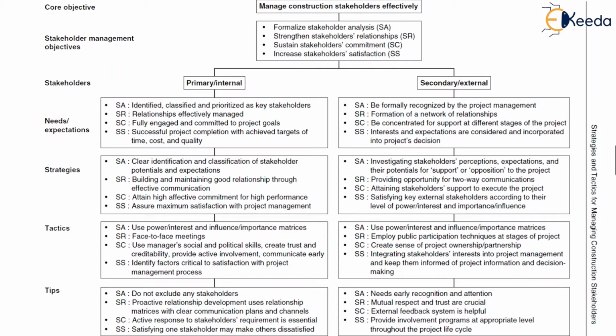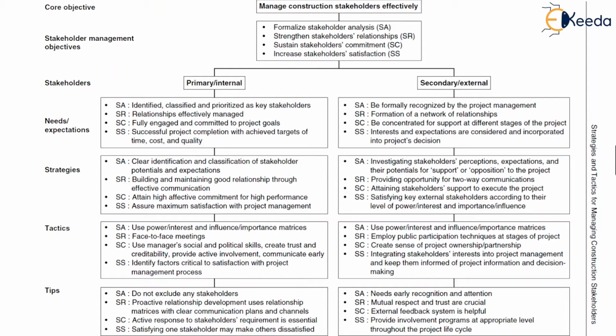Further, the strategies are formed in line with their needs and expectations. The tactics, like tools and techniques used, are listed in the next block, whereas tips on how to manage these stakeholders are given in the last block.